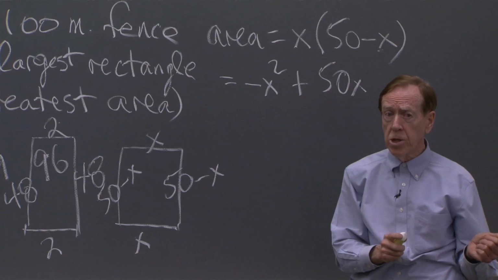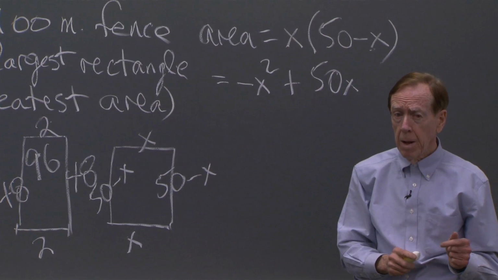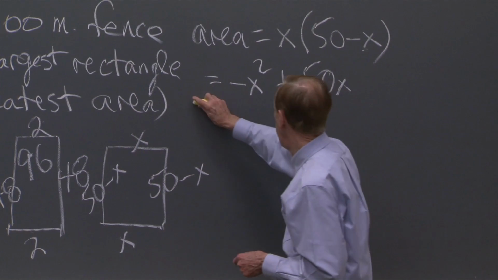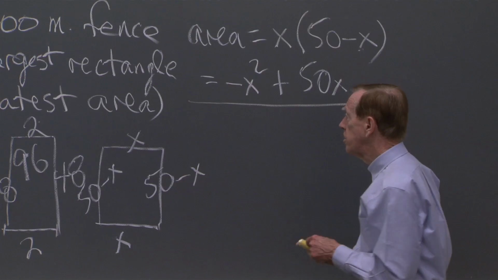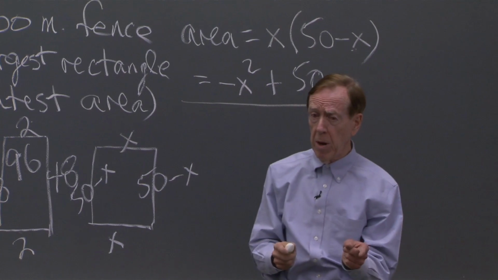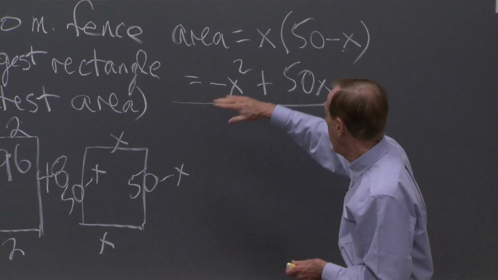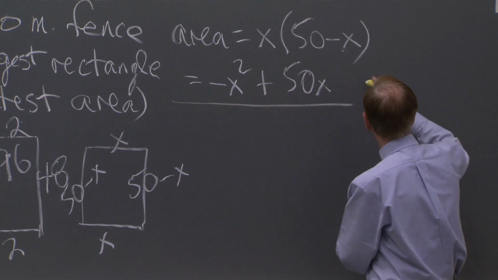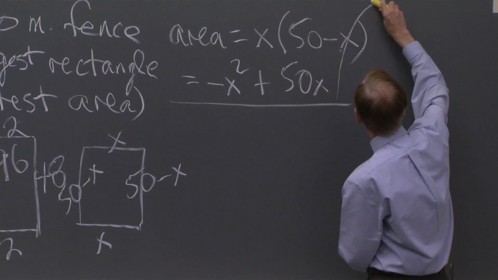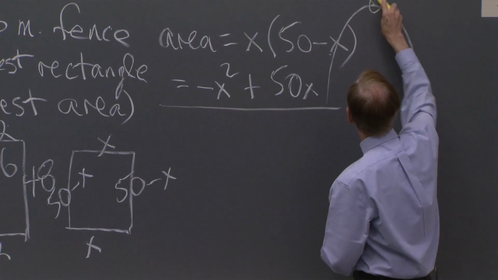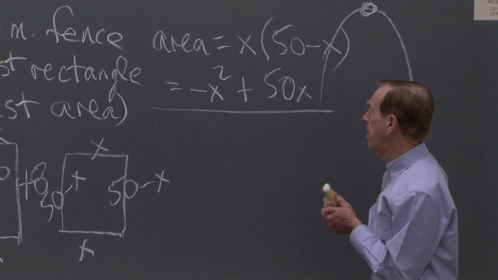So did you figure the slope of that? Let me just put it up here. The slope, because you remember, if we want the maximum area, we want the slope to be 0 at the maximum. If I graph this thing, it is one of these parabolas that goes up and down, and I'm looking for that point at the top. That's the max.